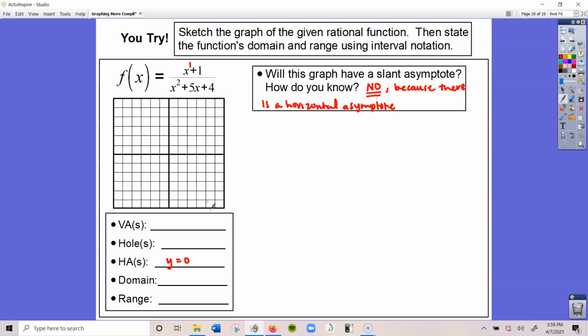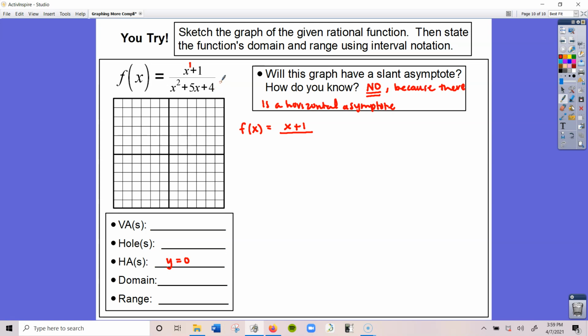Now let's get the rest of this information. In order to figure out if we have or where we have a vertical asymptote and a hole, we need to make sure that this function is completely factored. So let's simplify it. The numerator cannot be factored, so it's just x plus 1. The denominator, however, can be factored.